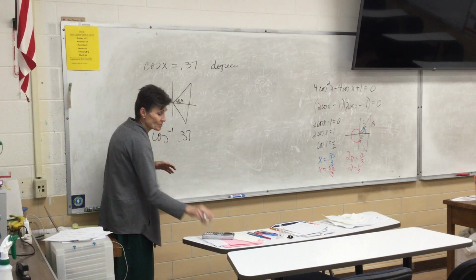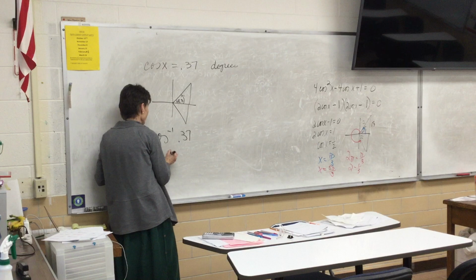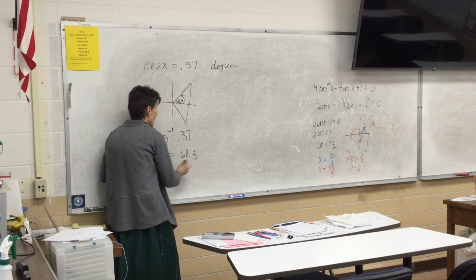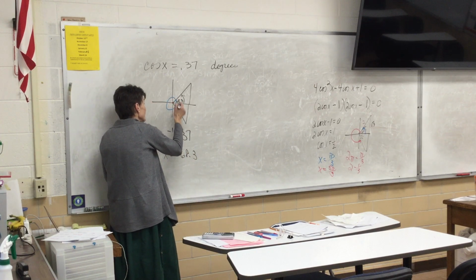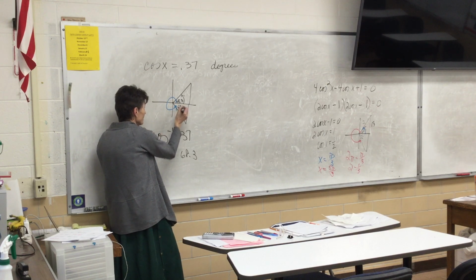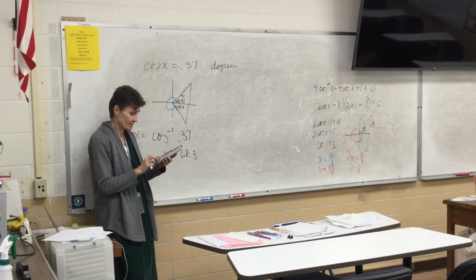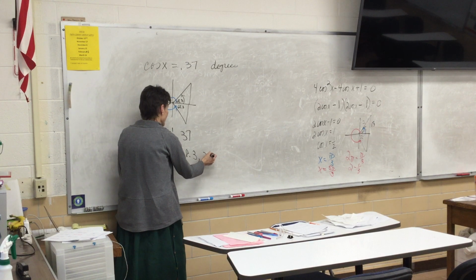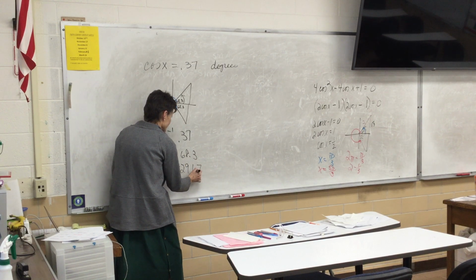So the two answers to the problem are 68.3 and then the blue one, which would be, remember this is also 68.3, so the blue one will be 360 minus 68.3, or 291.7.